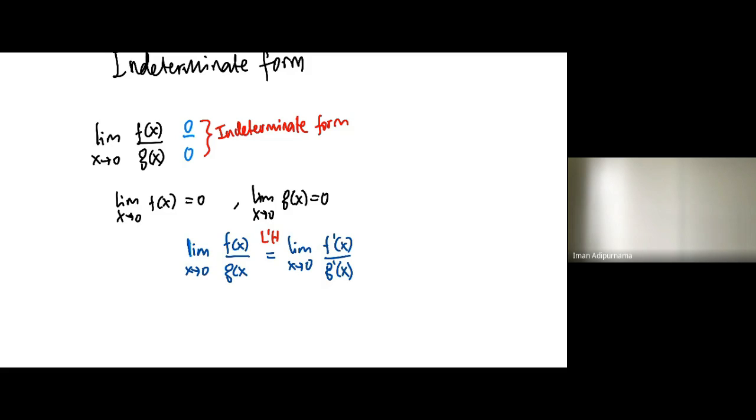If it's still 0 over 0, you can do it as many times as you want, maybe 2, 3 times, until you get something that when you put in the limit, it has the result. You can apply L'Hopital many times, as long as it's still 0 over 0.